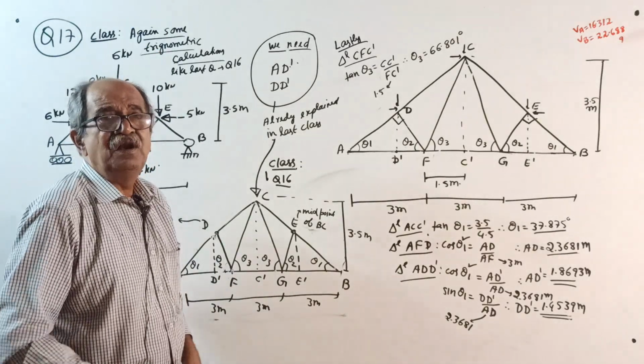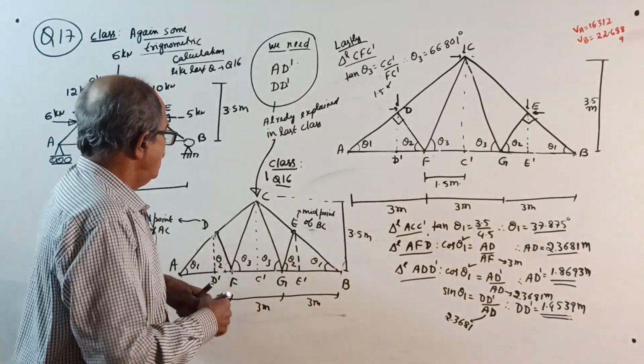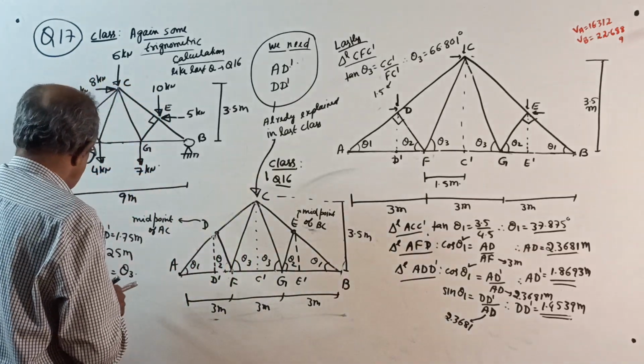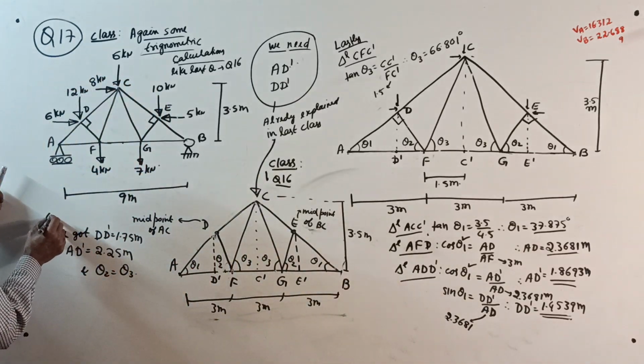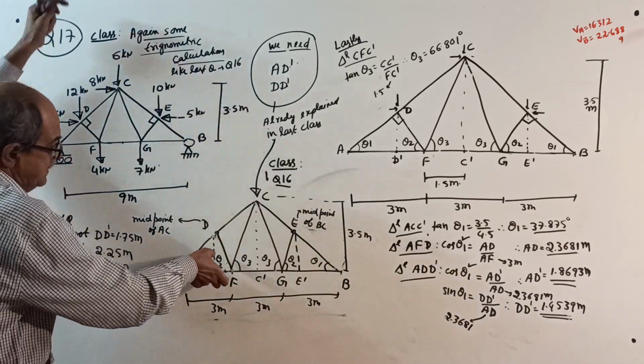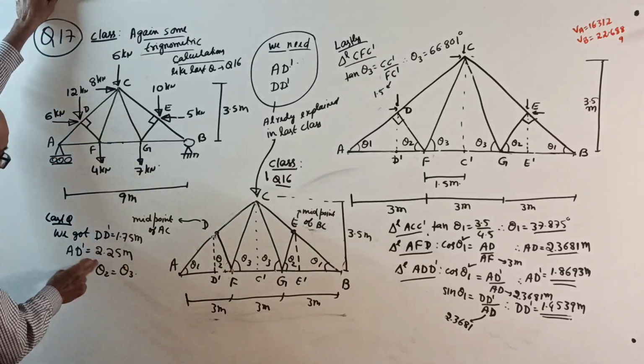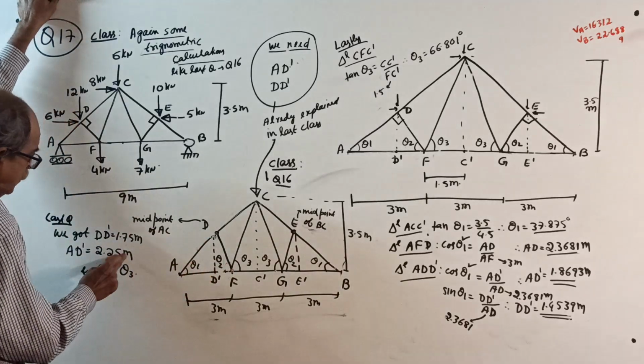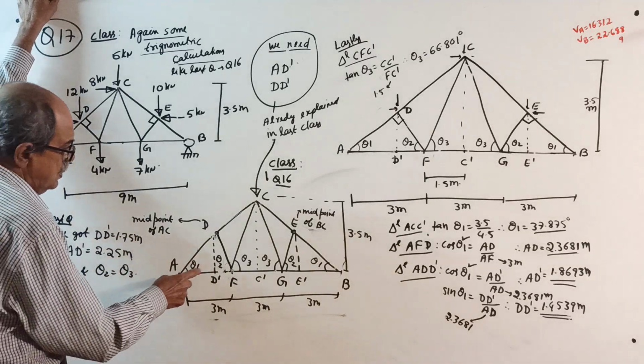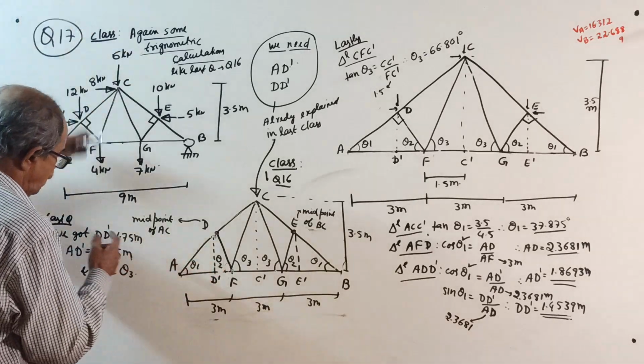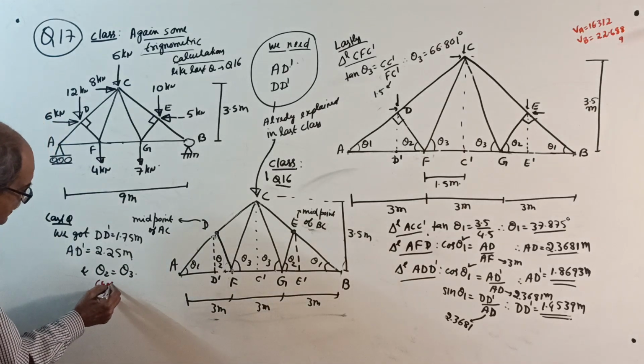Last time, the full trigonometry was solved. We got DD dash as 1.75 and AD dash as 2.25, and theta 2 and theta 3 we got equal.